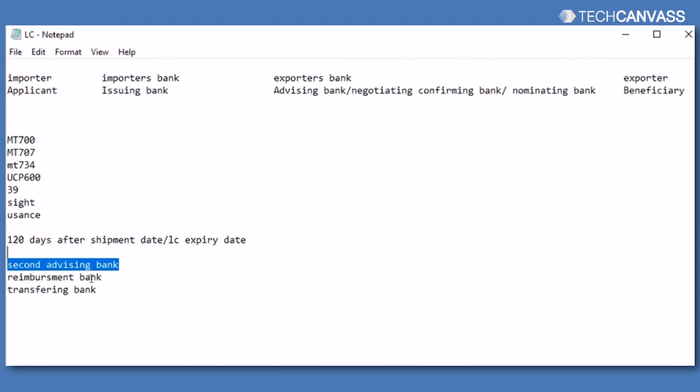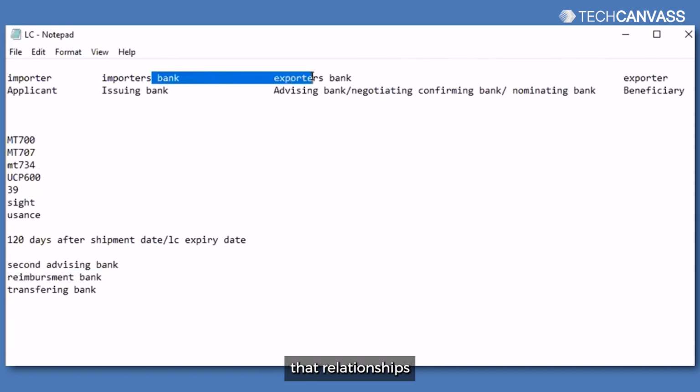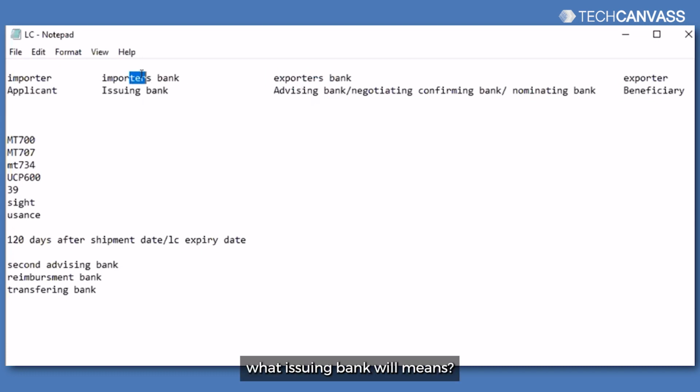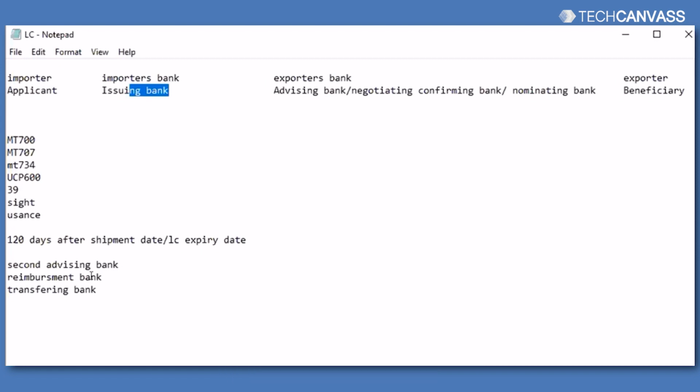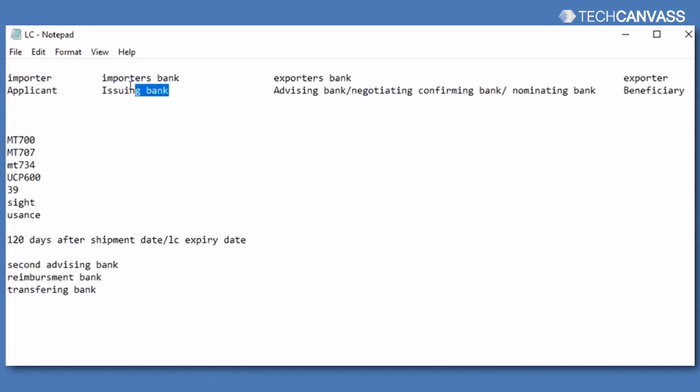And the reimbursement bank means sometimes the issuing bank and the exporter's bank may not have an account relationship. In that case, while sending the MT 700 itself, the issuing bank will give a clause there and provide the reimbursement bank name.